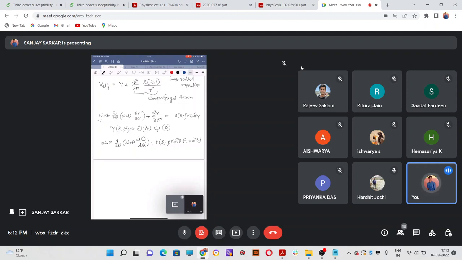And another equation is for phi, which is easy to solve. This will give us this kind of form, where m is 0, plus minus 1, plus minus 2, and we can solve the theta equation also, and this will give us the associated Legendre polynomial, where x is cos theta.